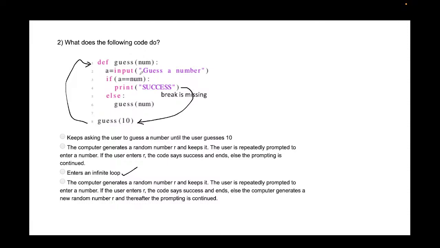But after printing success, the function is not getting called again. That's what this break statement is missing, right? That is the issue here. So it is recursively being called, right?